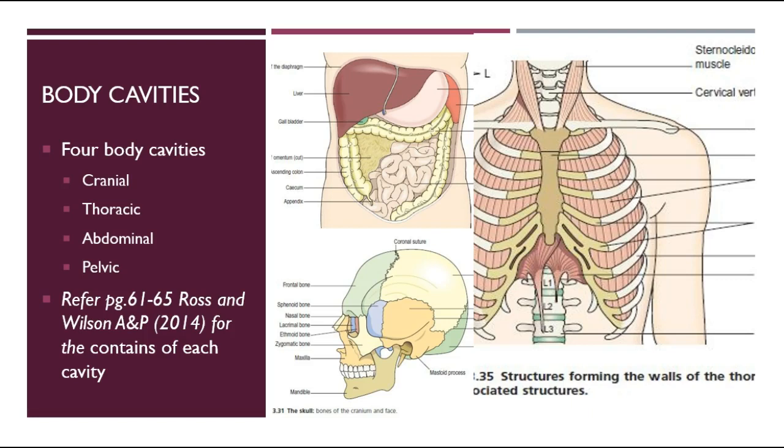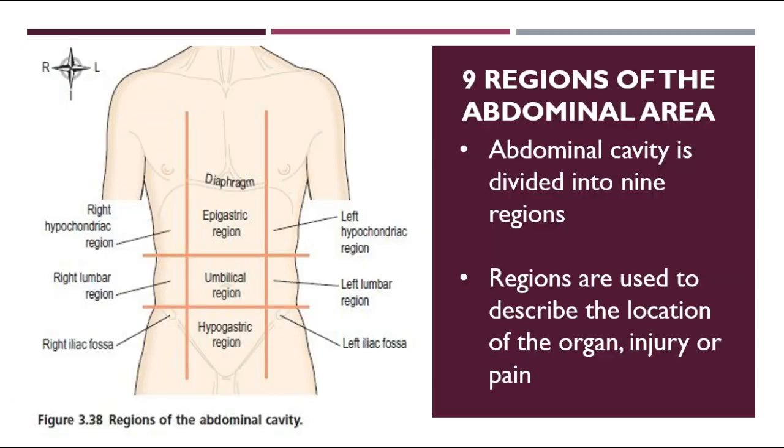The cranial cavity encloses the brain and spinal cord. The thoracic cavity encloses the heart and lungs. The abdominal cavity encloses most of the digestive organs and kidneys. And the pelvic cavity encloses the bladder and reproductive organs.